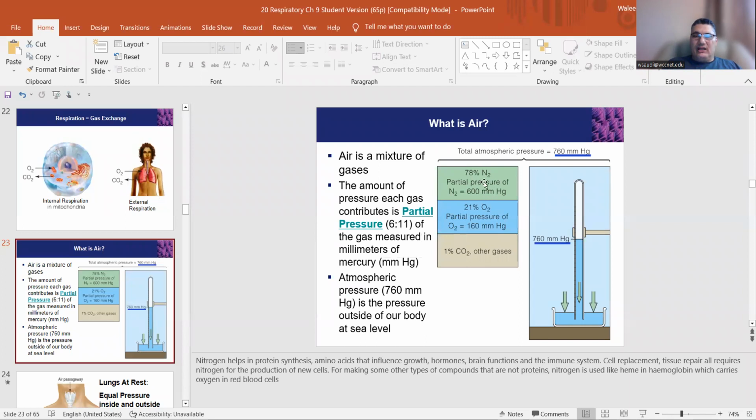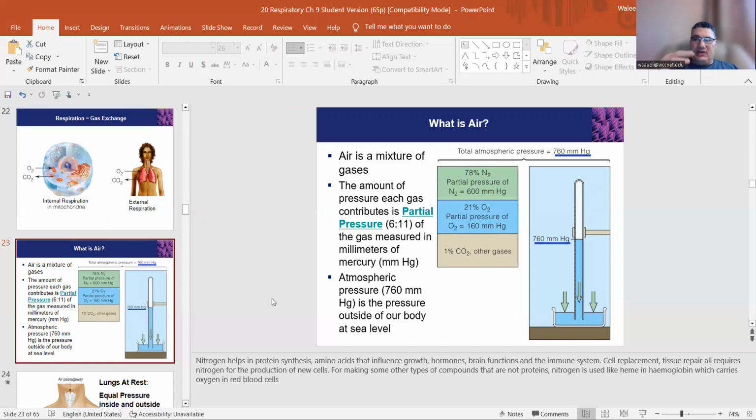You don't have to know all these numbers, but just know that the big bulk is nitrogen, followed by oxygen and just a little bit of carbon dioxide. What's most important? Nitrogen, the big part, followed by oxygen and a little bit of carbon dioxide.